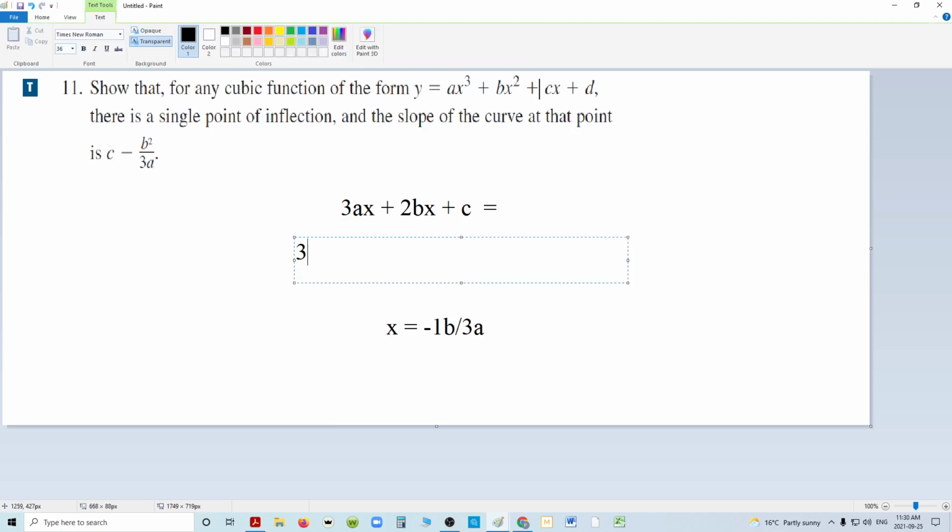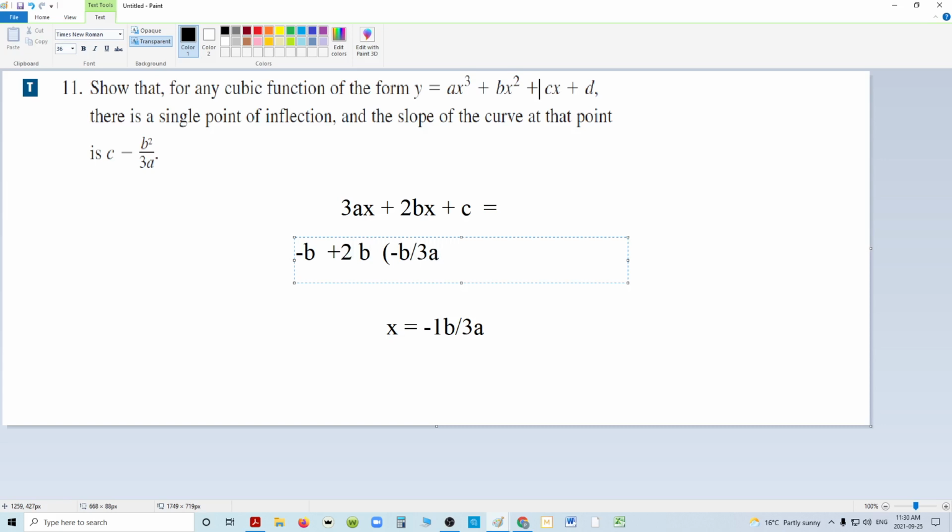So I get 3 times a, and what's my x value? Minus b over 3a. So clearly the 3a's will cancel. And then plus 2 times b times minus b over 3a.